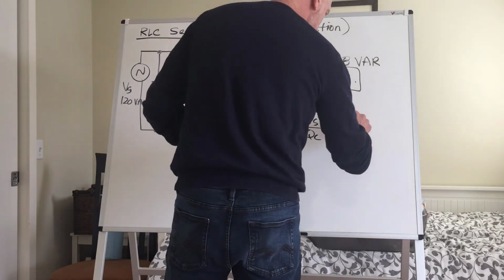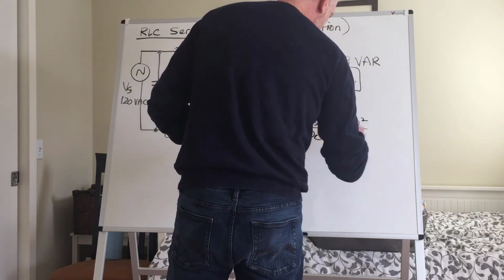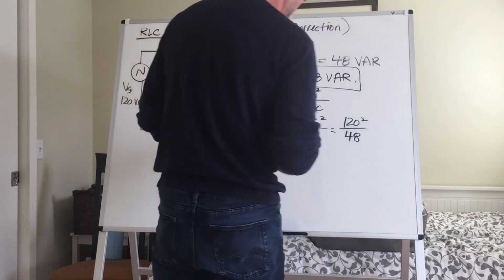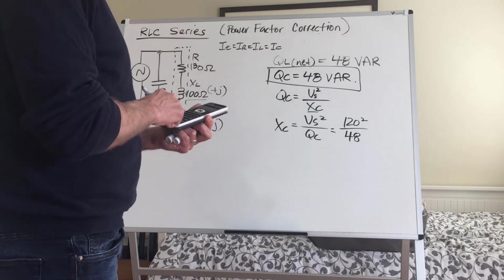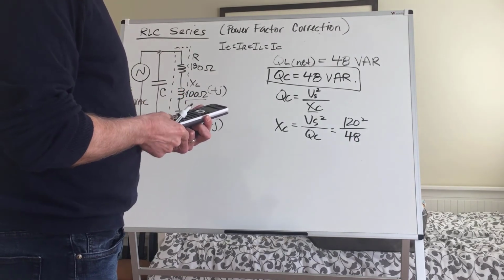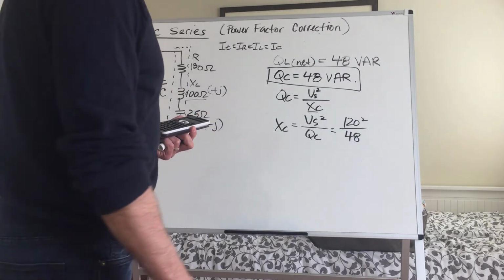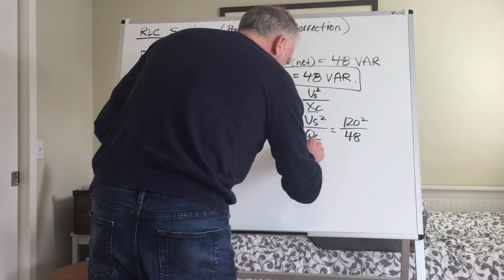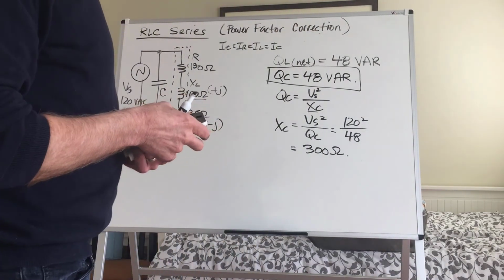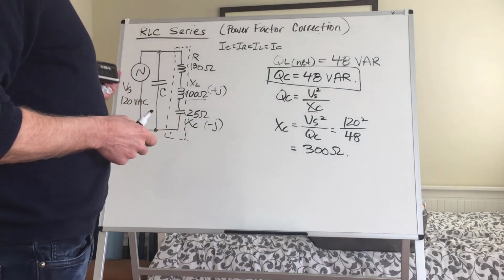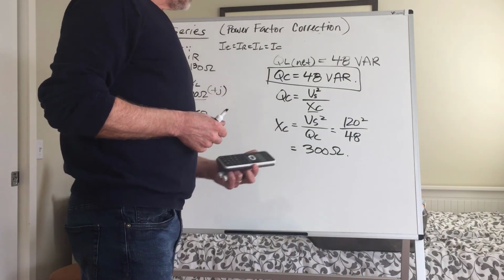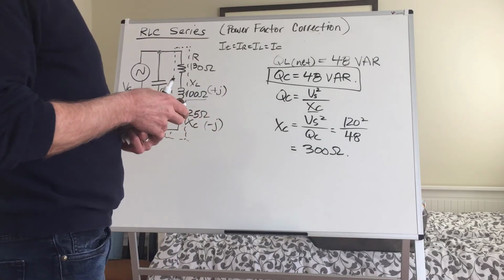So in this case, that would be 120 squared over our QC value of 48 VAR, right? So 120 squared divided by 48 means our XC value has to be 300 ohms. Okay, so 120 squared, our applied voltage squared, Vs squared, divided by our QC value, which we know needs to be 48, is 300 ohms.